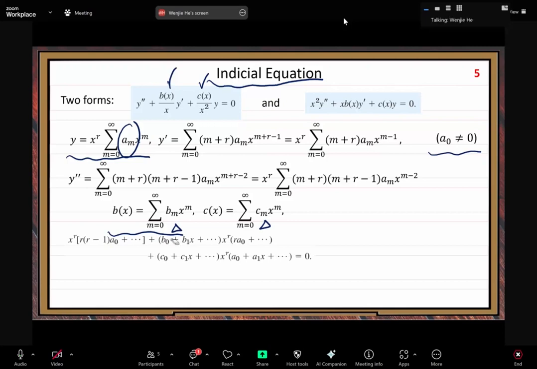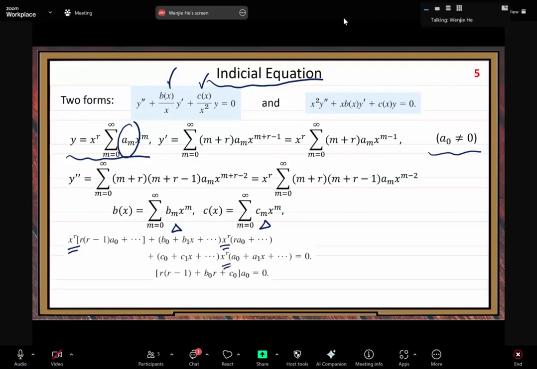So let's plug in the power series. After factorization, the x terms cancel out.